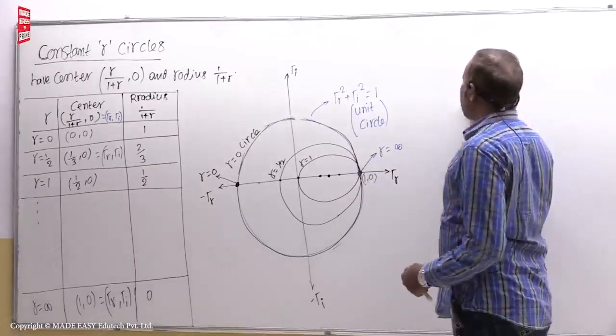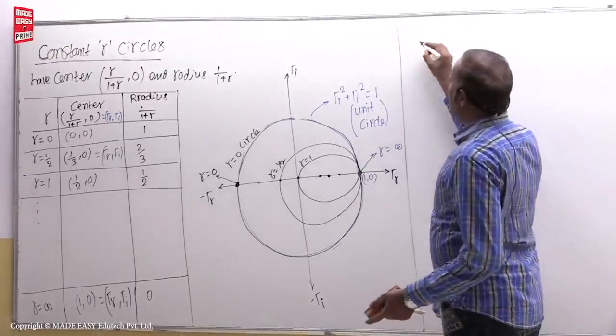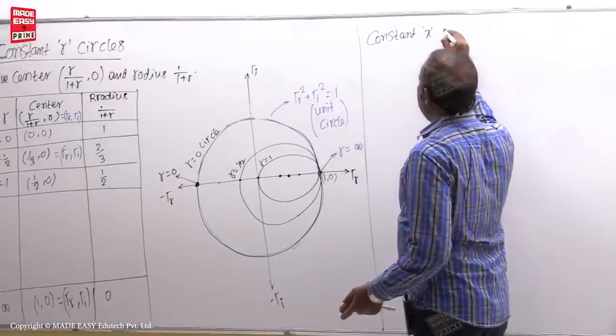Now let us go to the constant X circles.